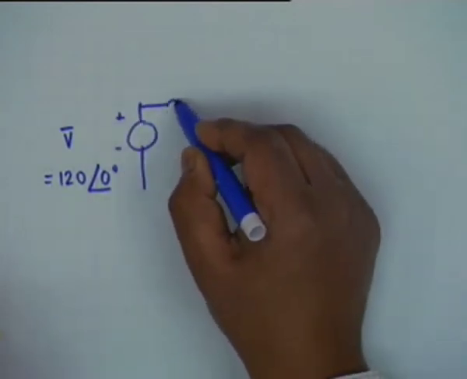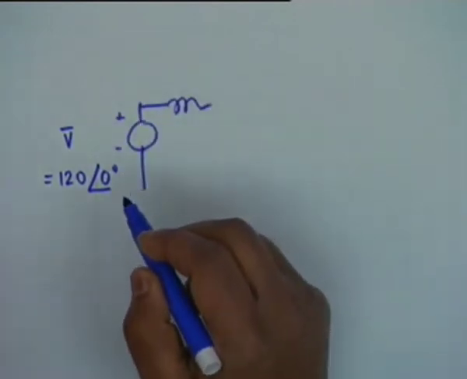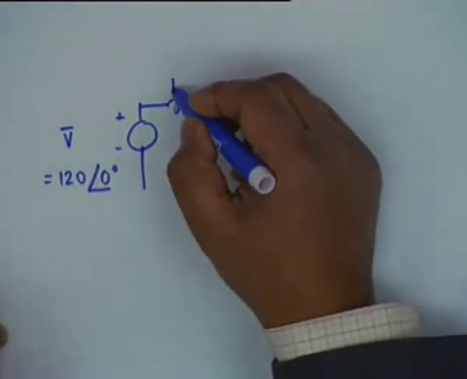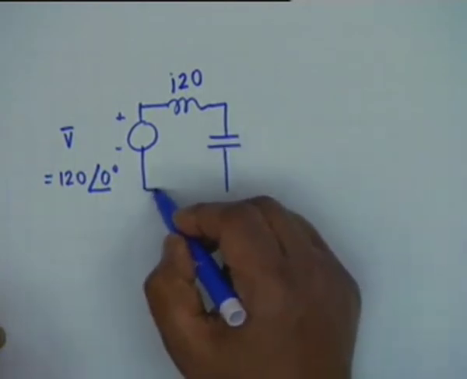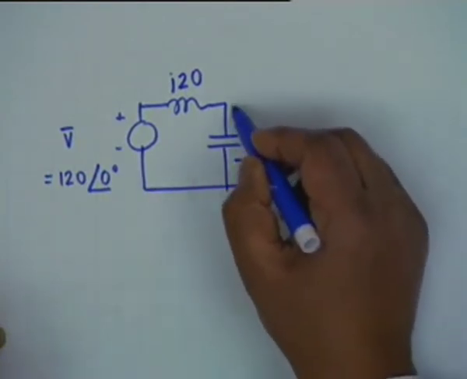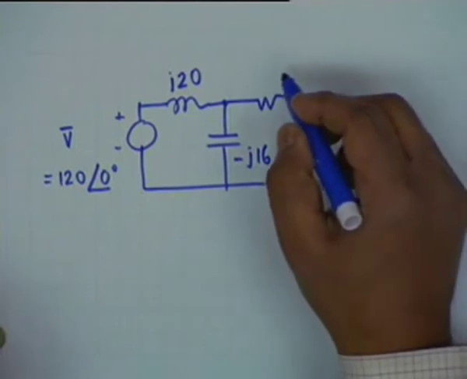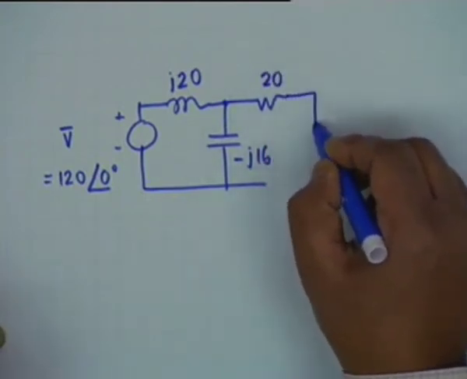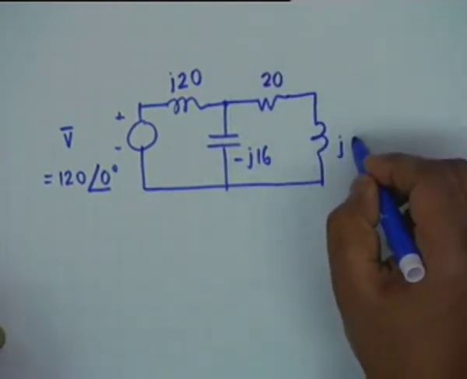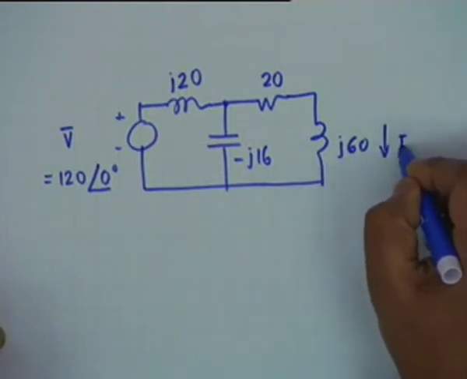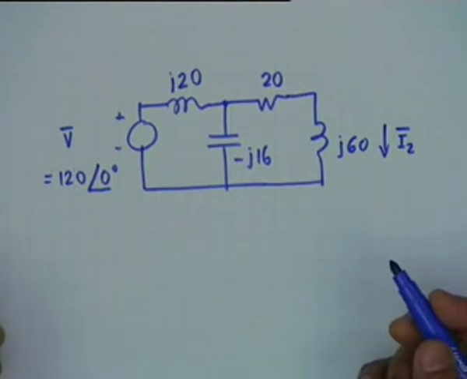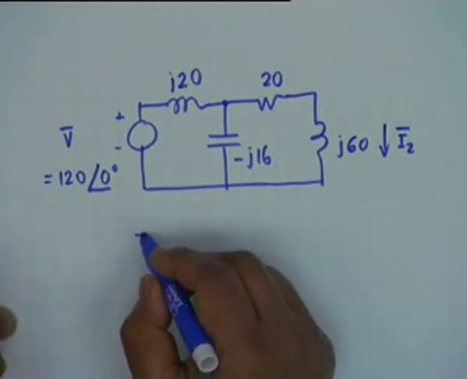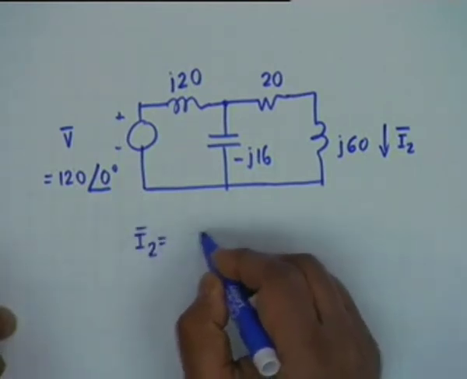Then we have, now you talk in terms of impedance, because this is what you shall have to manipulate, j20 and then minus j16, and now it is 20 plus j60, and this phasor is I2, and I2 can now be written down by inspection.